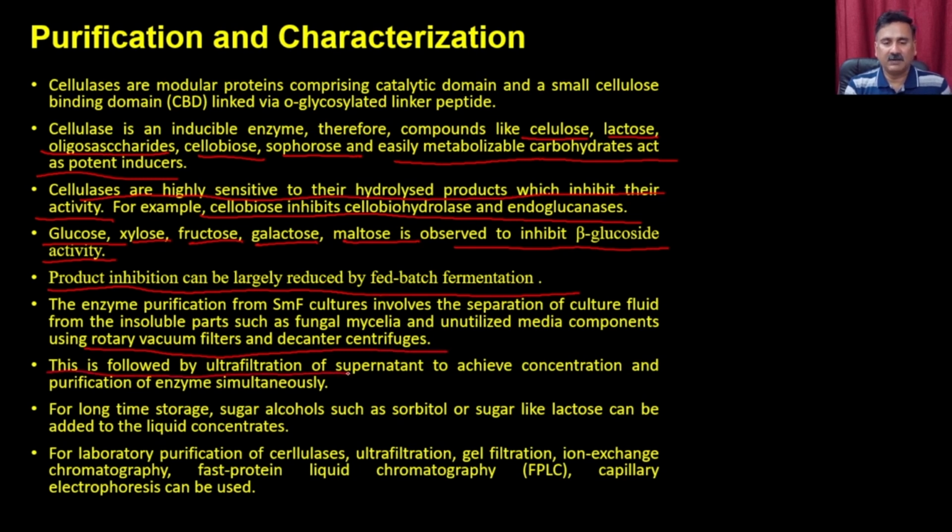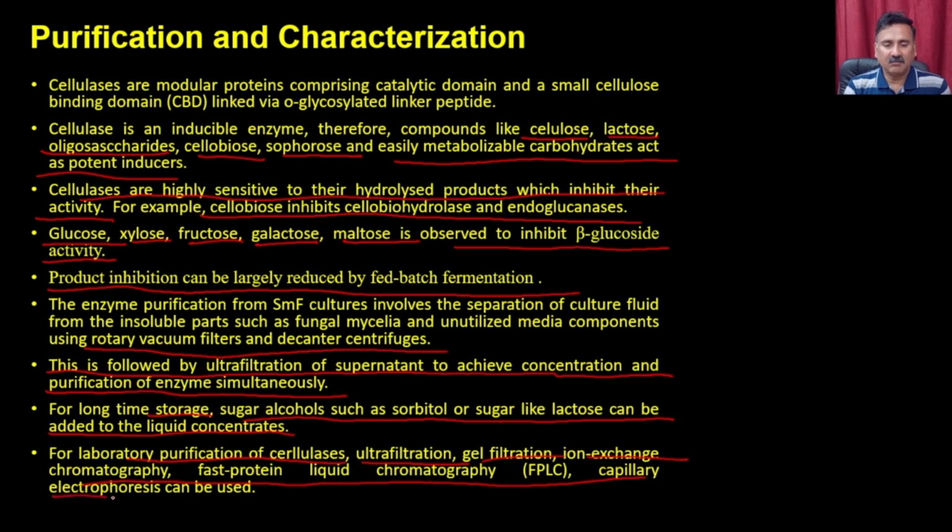This is followed by ultrafiltration of the supernatant to concentrate and purify the enzyme. For long-term storage, sugar alcohols such as sorbitol or sugars like lactose can be added to the liquid concentrates. For laboratory purification of cellulases, ultrafiltration, gel filtration, ion exchange chromatography, FPLC, and capillary electrophoresis can be used.